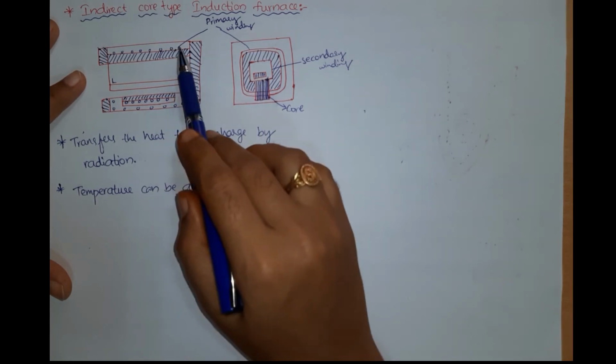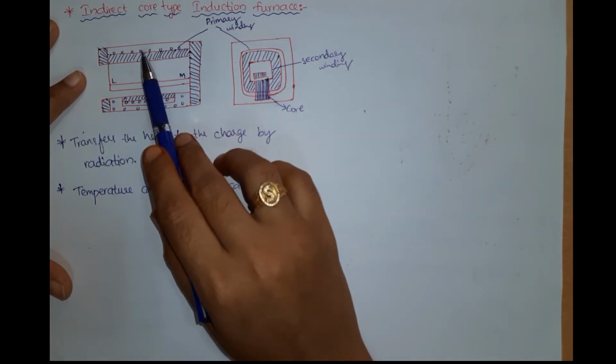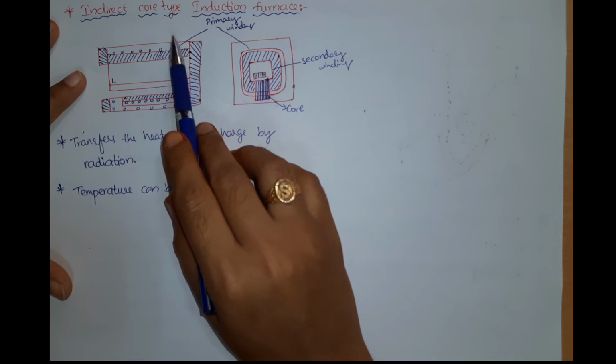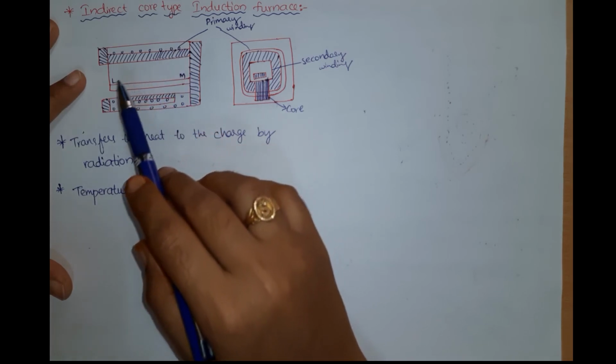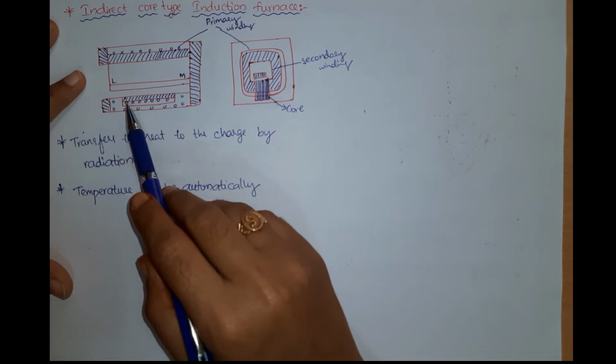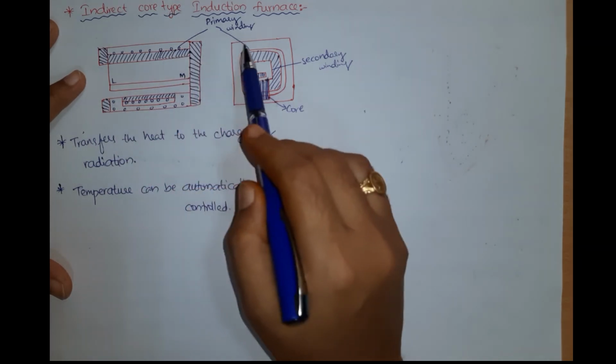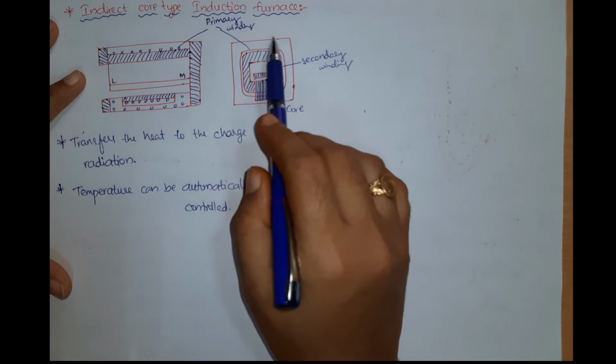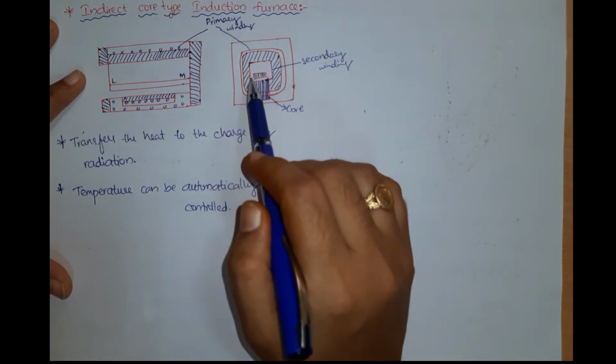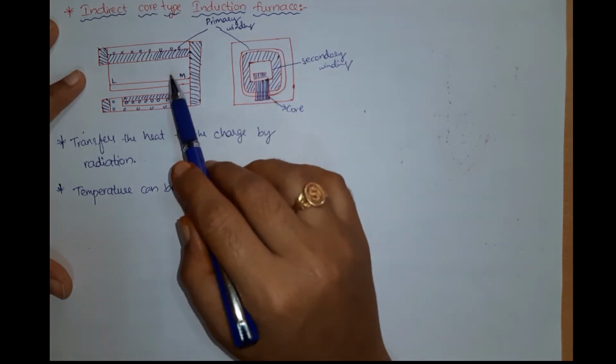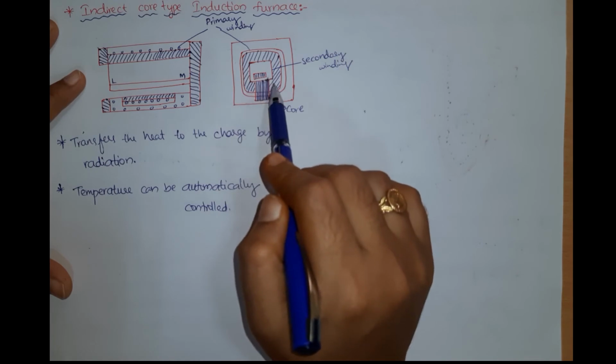When the primary is supplied with an AC supply, secondary current is induced in the metal. With the help of transformer action, this metal container is heated up. The metal container transfers this heat to the charge which is present within it, right?